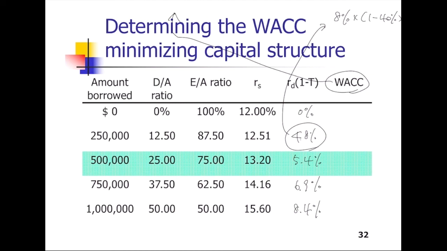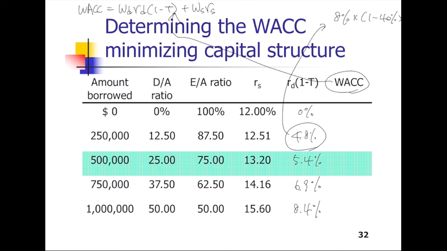The WACC is calculated from the weight of debt, cost of debt with the tax deduction, and the weight of common stock times the cost of common stock. We already know each variable. So the weight of debt is 0, and RD and 1 minus T are here.